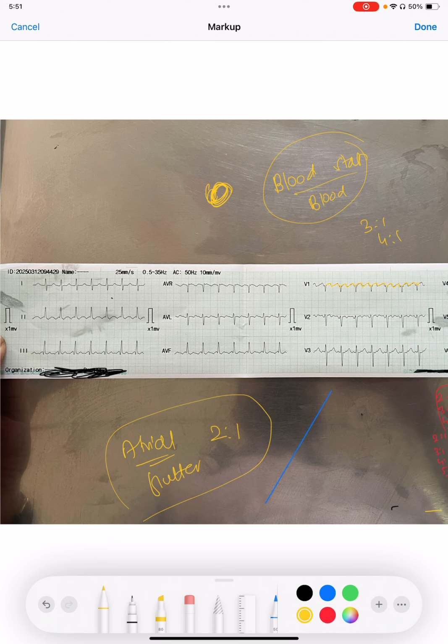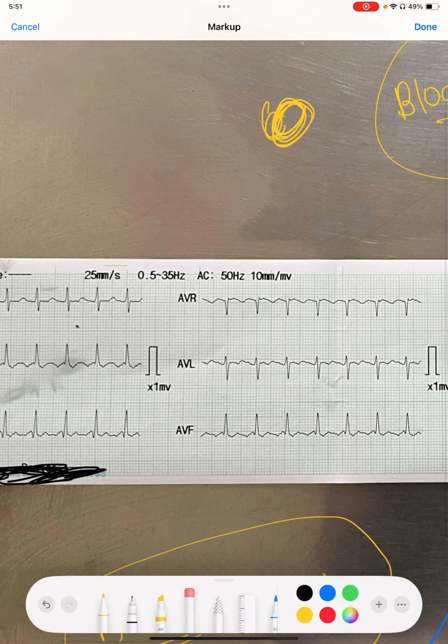So blood remains in the atria. It doesn't go into the ventricle as it should. That is the reason why blood clots are a very common problem. And this blood clot from the heart can definitely cause strokes, heart attacks, renal artery thrombosis, peripheral artery thrombosis. So anticoagulation is very important if this atrial flutter is not treated optimally.